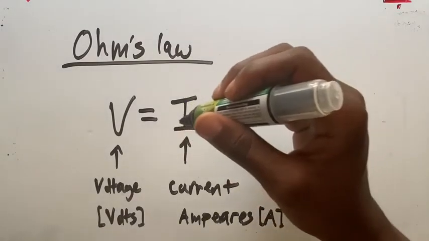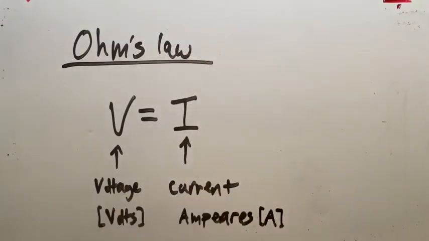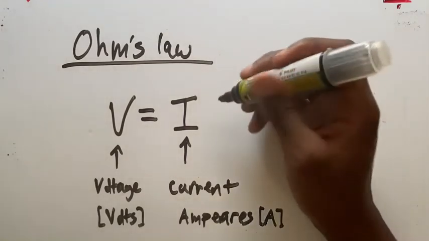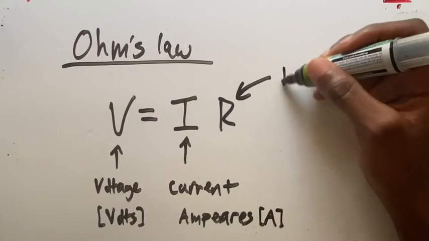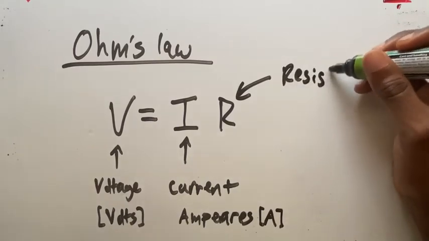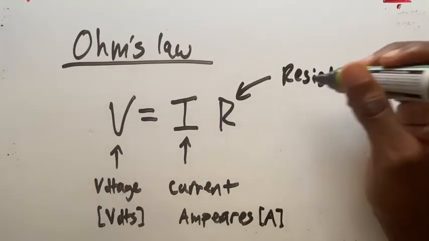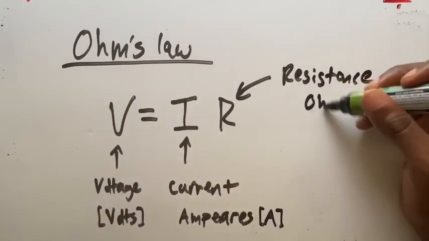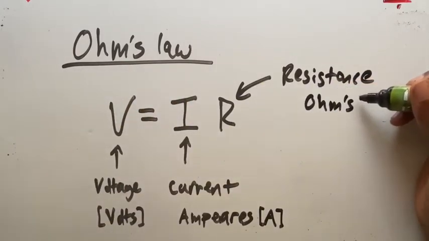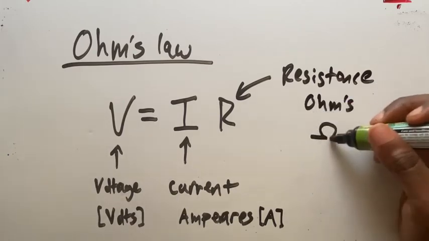And so voltage equals the current times what? Times the resistance, R. So R is the resistance, and that's measured in ohms, named after this guy, and we usually abbreviate that with this symbol.